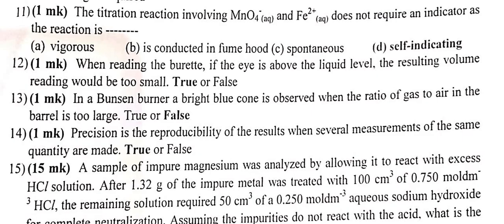Then the next one says in a Bunsen burner, a bright blue cone is observed when the ratio of gas to air in the barrel is too large. Is it true or false? The explanation is that in a Bunsen burner, a bright blue inner cone is observed when there is sufficient air mixing with the gas, typically methane or natural gas.